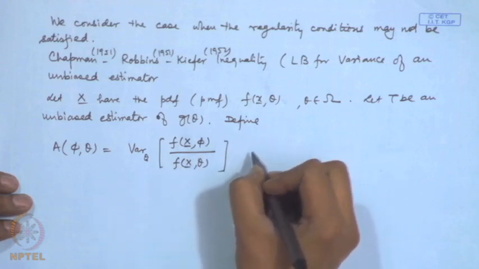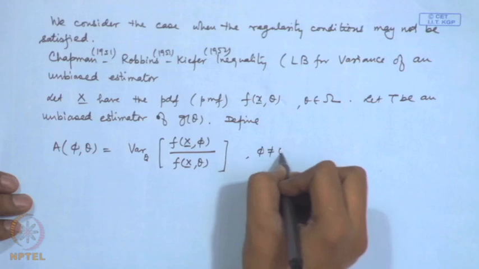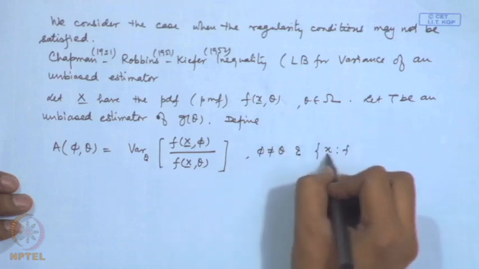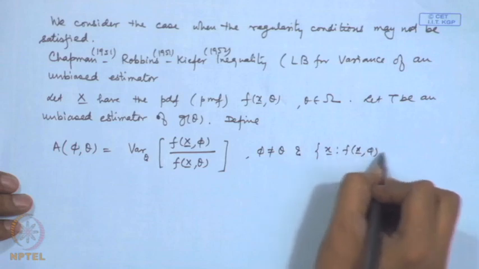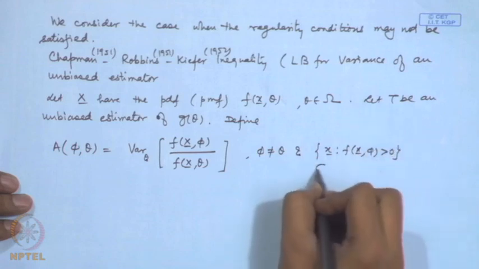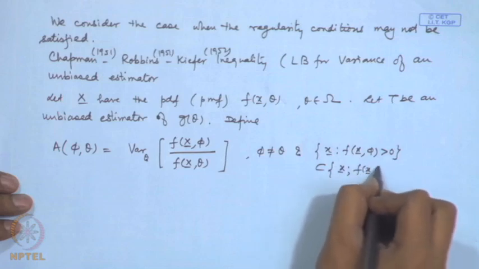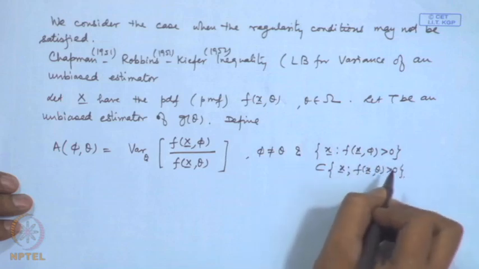So, we should say here phi not equal to theta, and the set of x such that f(x, phi) is positive is a subset of the set such that f(x, theta) is positive.